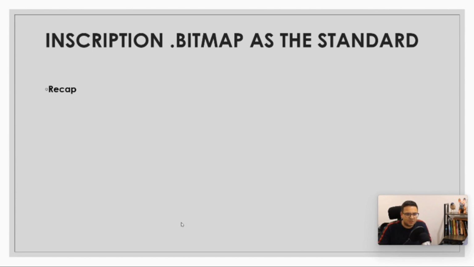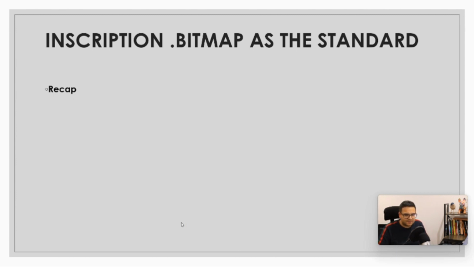with just that thought in your mind, because that is really ultimately where I see that this is going. And we looked at this fundamentally with this key risk of the inscription.bitmap as the standard.